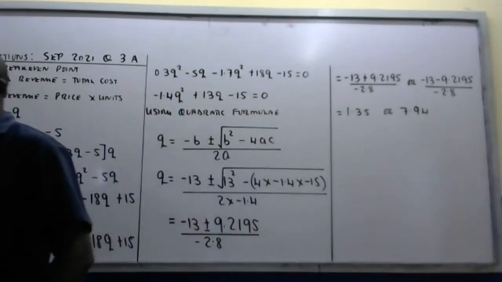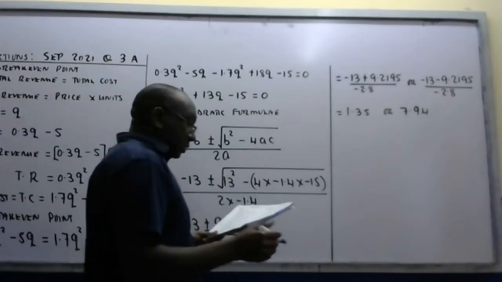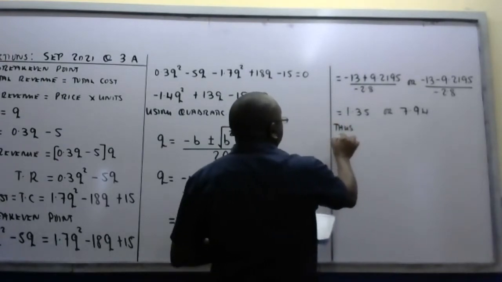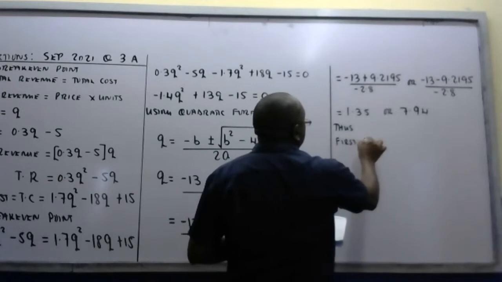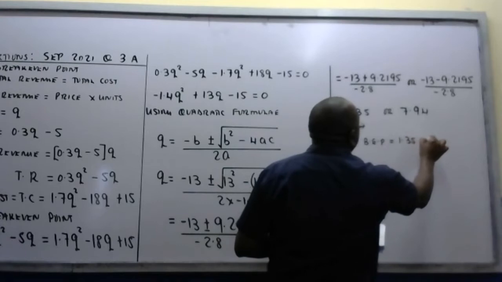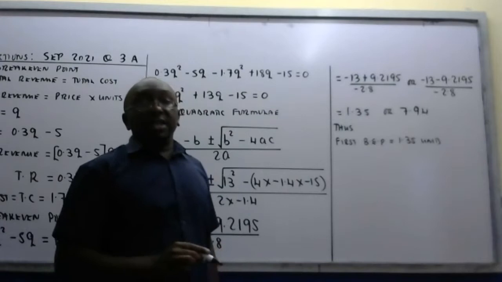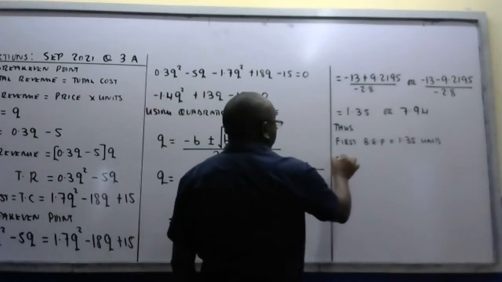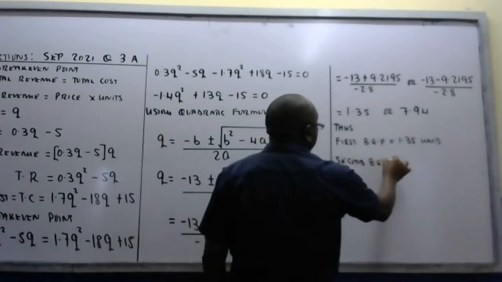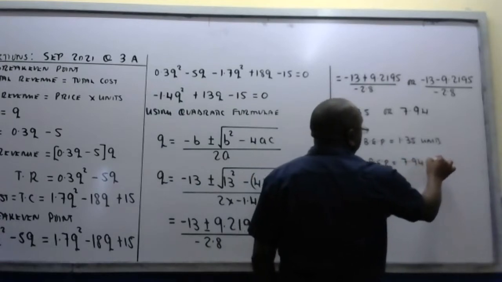So the question was asking us for the break-even point. So thus, the first break-even point is 1.35 units, and the second break-even point is 7.94 units.